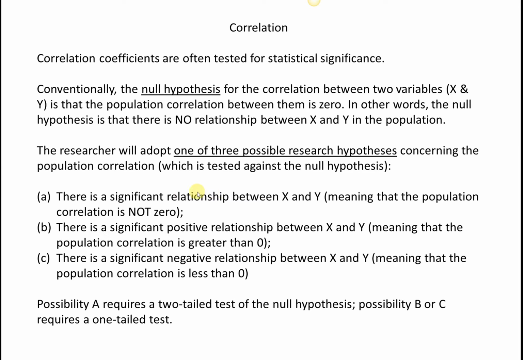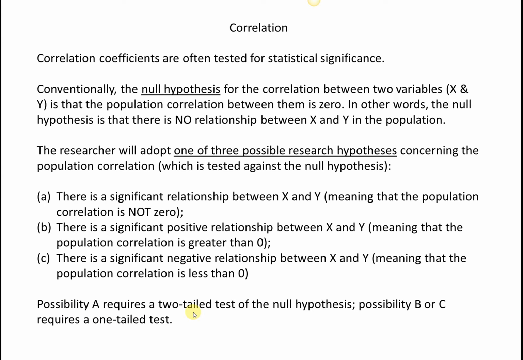So we have two general classes of hypotheses. There's directional and non-directional hypotheses. Non-directional hypotheses are concerned just with testing whether the correlation in the population is not 0. A directional hypothesis is concerned with testing whether the correlation is greater than 0 or less than 0.